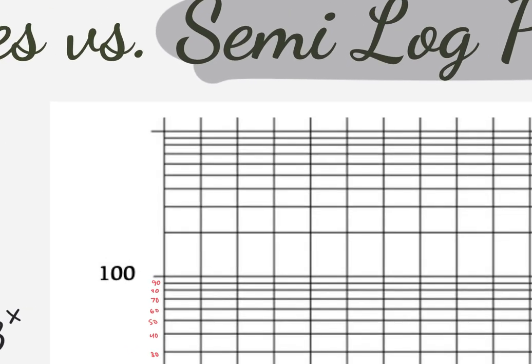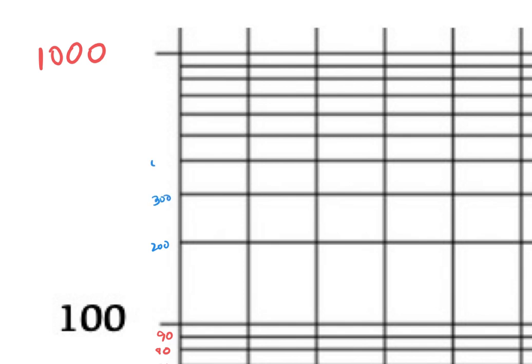Then it goes from 100 to 1,000, so now you're going by hundreds. You're going by powers of 10. That's why it's called a log graph. So this becomes 200, 300, 400, 500, 600, 700, 800, and 900.